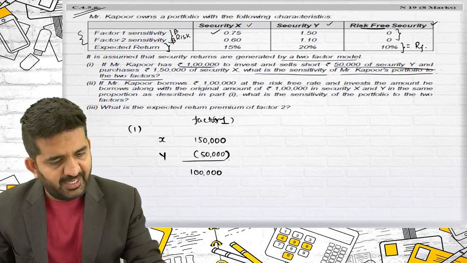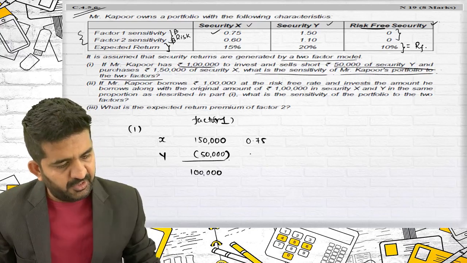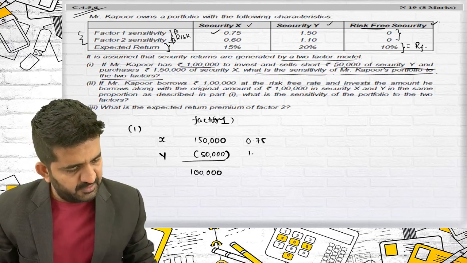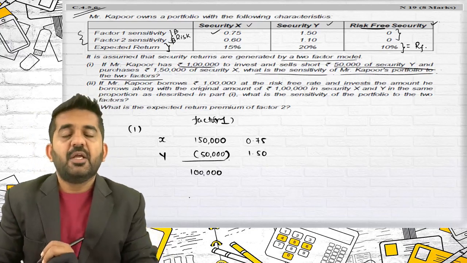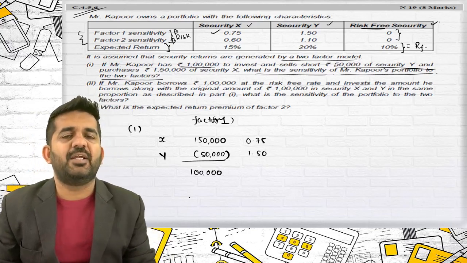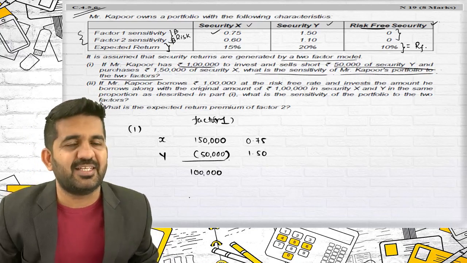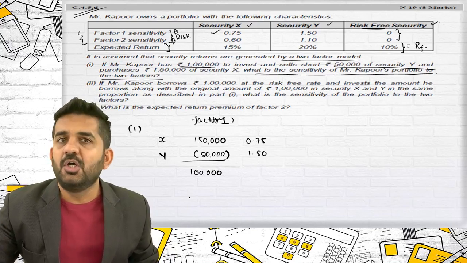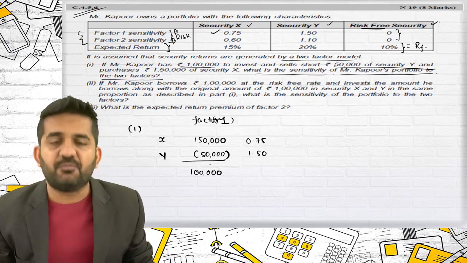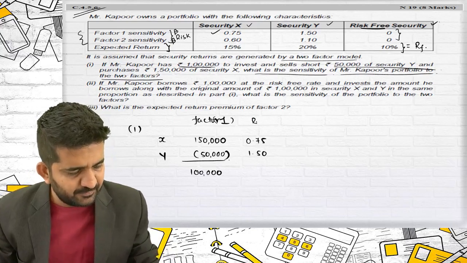Of security X, it is 0.75. Security Y is 1.50. He is not having any risk-free security. Now, if someone tells me to find out this portfolio risk or portfolio sensitivity, I will be doing the weighted average risk of this particular portfolio.